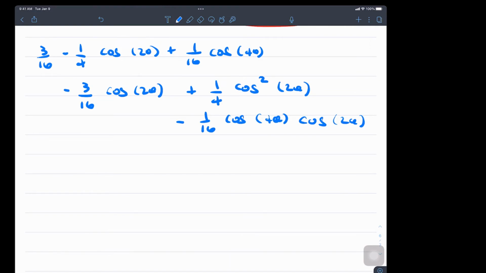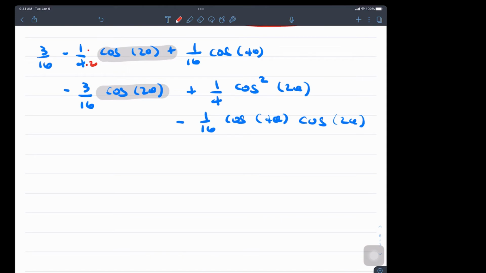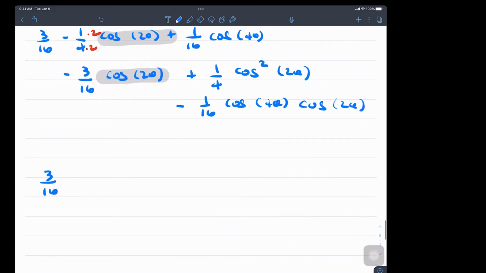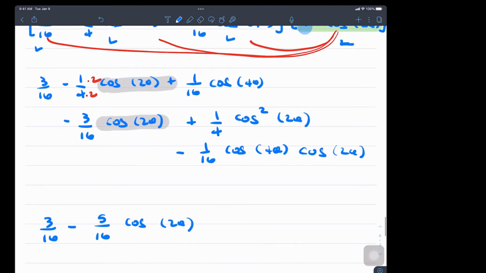I'm going to simplify a little bit here, okay? You see these two terms here? Cosine 2 theta. So I'm going to actually do this. I'm going to multiply this by 2, and you end up with what? 3/16. That's 2/16 minus 3/16 is minus what? 5/16 cosine 2 theta. So I'm just writing down that term, and I just added here or really subtracted.